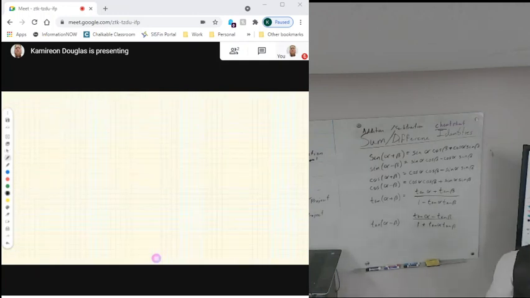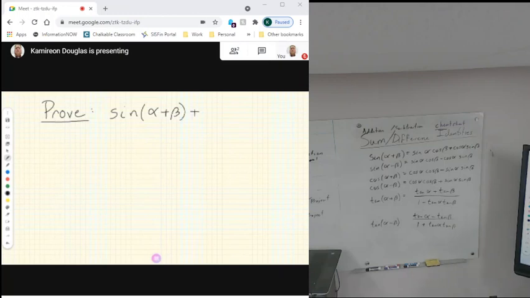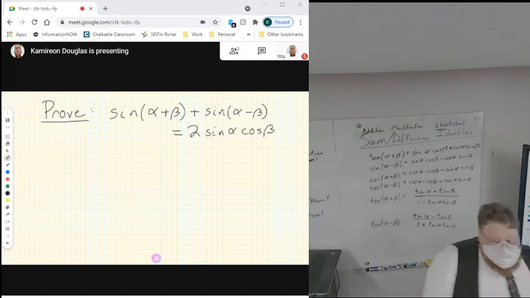Okay, it says prove that sine of alpha plus beta plus sine of alpha minus beta is equal to 2 sine alpha cosine beta. There we go. We're going to prove this identity.